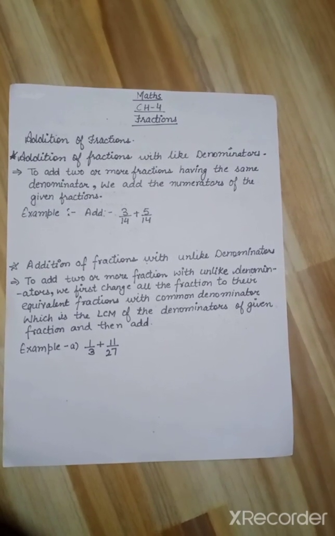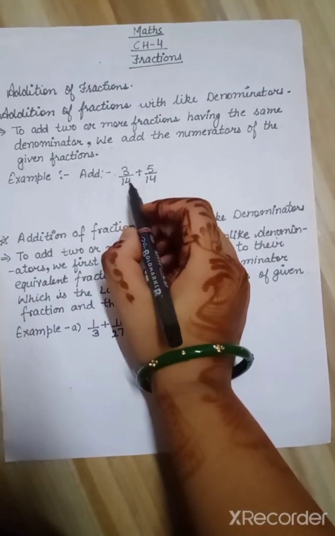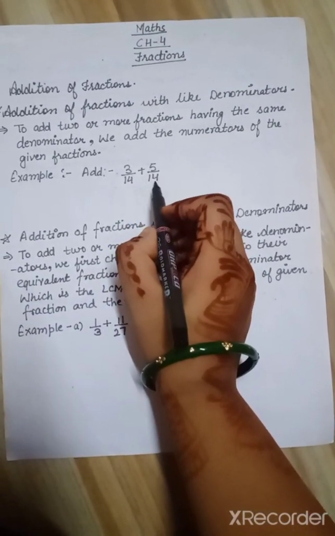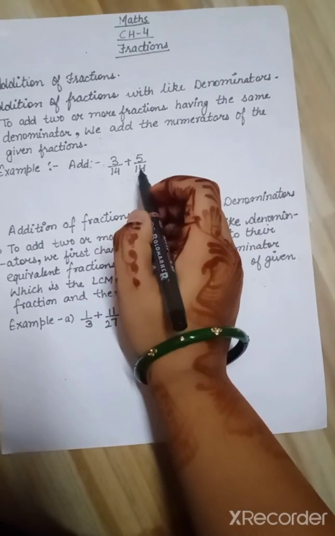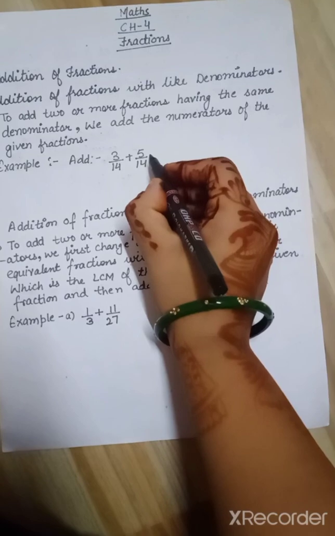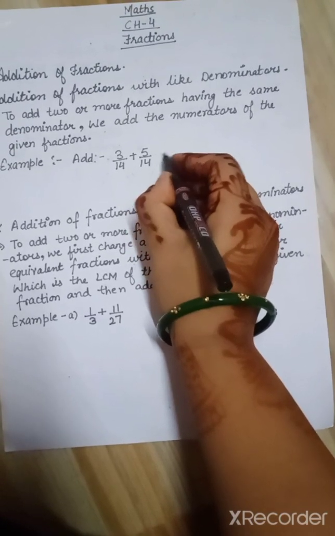We have taken an example, 3 upon 14 plus 5 upon 14. These two fractions have the same denominator. So how will we add them? We will write it like this.